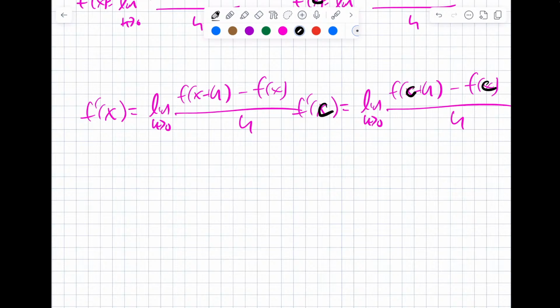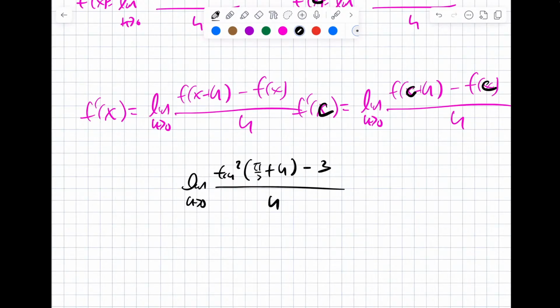If I change it to c, it just means I'm going to take a derivative and plug in c. But then you get the limit as h approaches 0 of tangent squared of pi over 3 plus h minus 3. And you're going to be like, where does the 3 come from? It's really confusing, right?